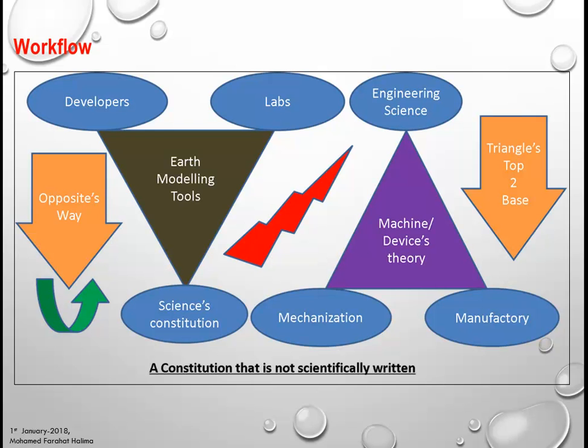They actually helped humans to develop and invent lots of things. So that is the normal triangle on the right hand side. But what about the opposite, an upside down triangle? And I gave it that funny title: a constitution that is not scientifically written yet.